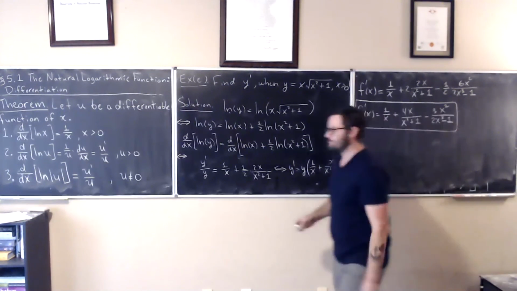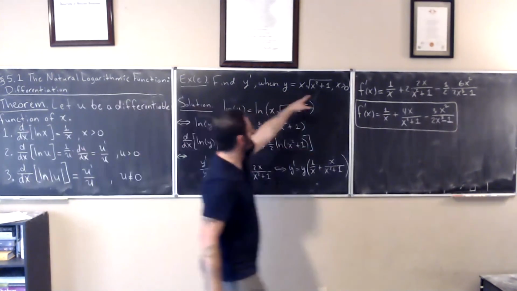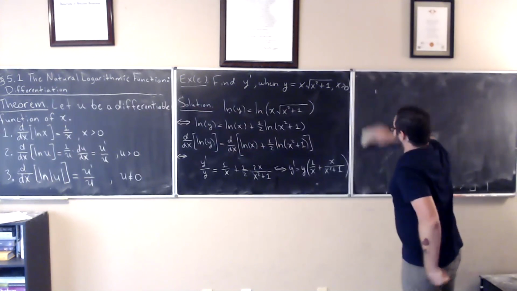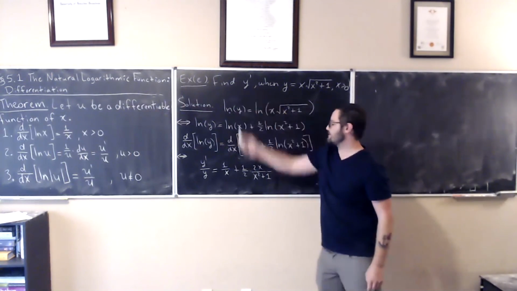And then we're pretty much done because we know what y is. Y is that. And again, we're trying to find y prime, the derivative of y.